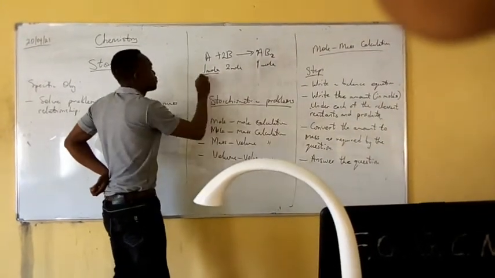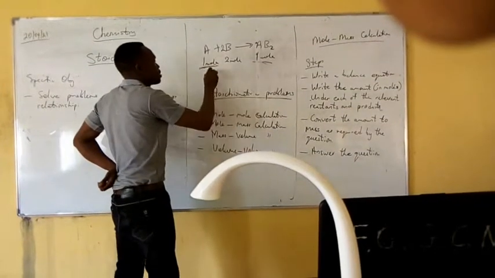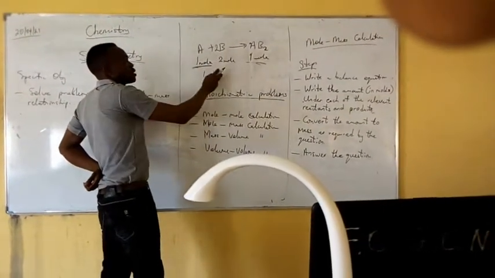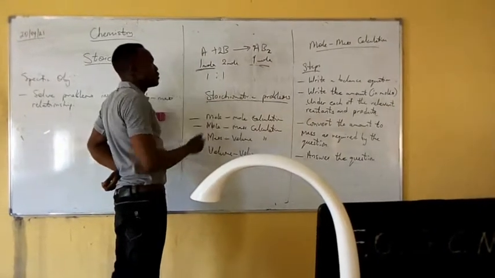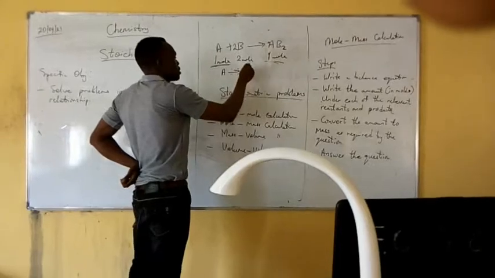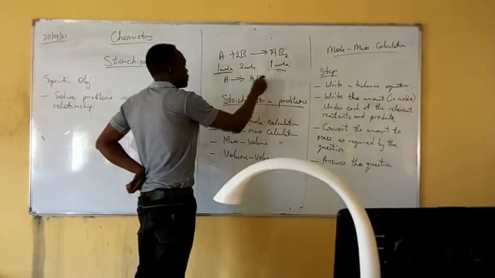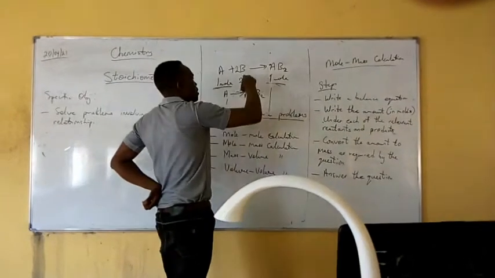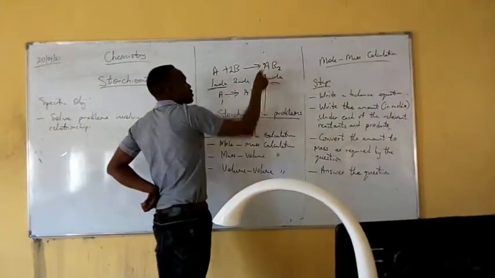You can see the relationship between A and the product is 1:1. 1 mole of A gives us 1 mole of AB2. That is A towards AB2, 1:1.